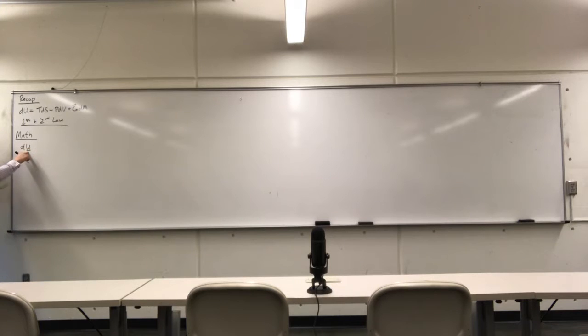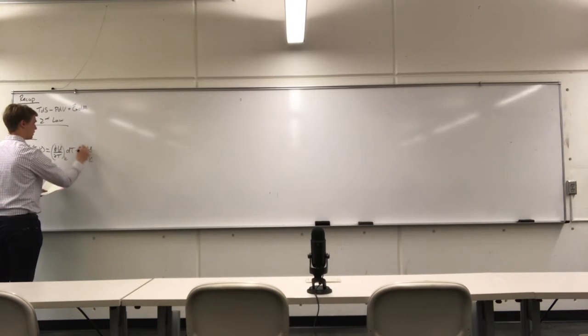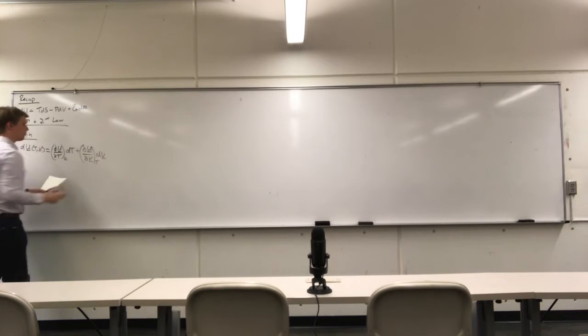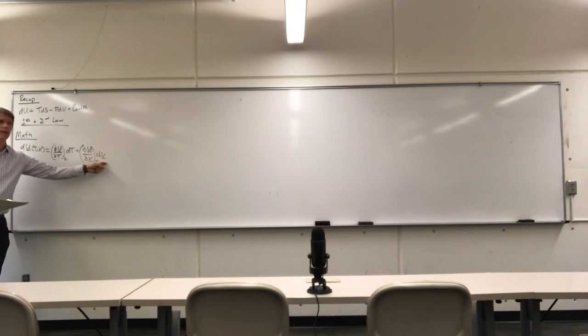So for example, if we wanted to expand the internal energy, U, with respect to T and V, what we would do, if you wanted to know how much the energy changes in a system based on varying the temperature and the specific volume or the density of the fluid, is look at how the internal energy changes with respect to temperature, times how much temperature changes, plus how much the internal energy changes as a result of the volume of the system changing, times how much the volume changes.